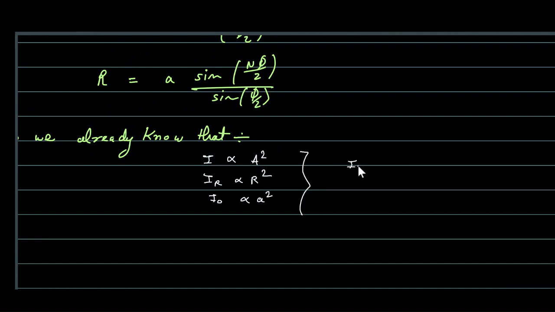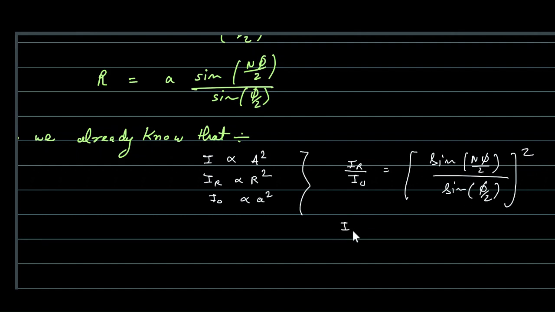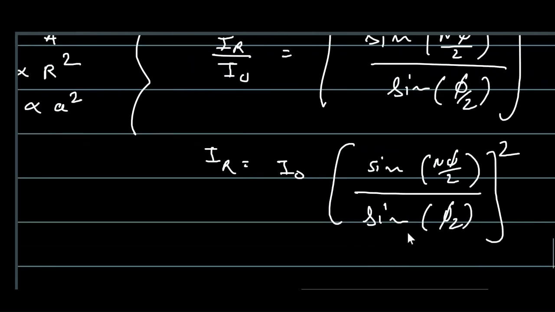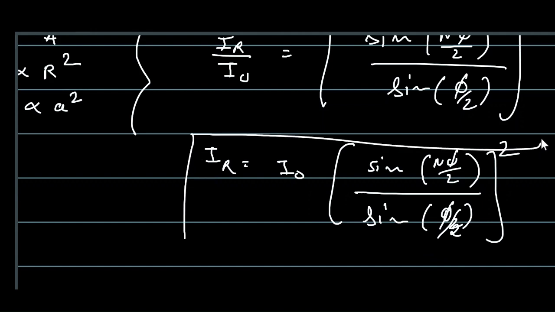From these relations, IR over I naught can be written as sine n phi over 2 over sine phi over 2, whole squared. So we can write IR as I naught times sine n phi by 2 over sine phi by 2, whole squared. This is the result for IR.